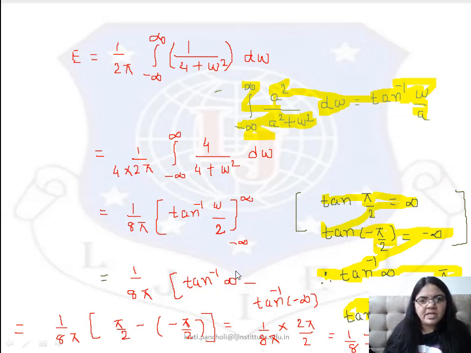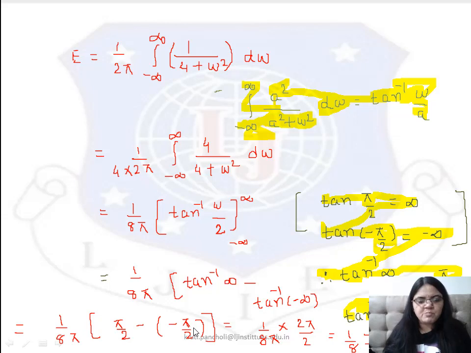Now we put in the limits. So it is 1 upon 8π times [tan inverse infinity minus tan inverse minus infinity]. What is tan inverse infinity? It's π/2, minus tan inverse minus infinity, which is −π/2.